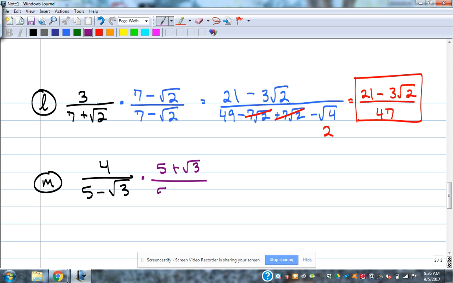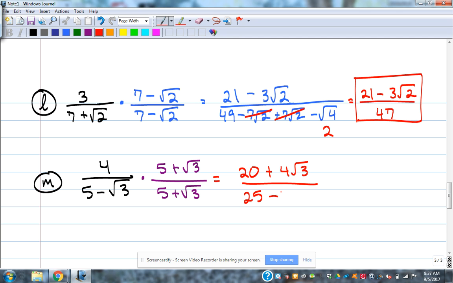Just change the sign in the middle. Distribute on the top. 4 times 5 is 20, plus 4 radical 3. On the bottom, we know the parts with the square roots are going to cancel out. So we can take a shortcut here and say 5 times 5 is 25.